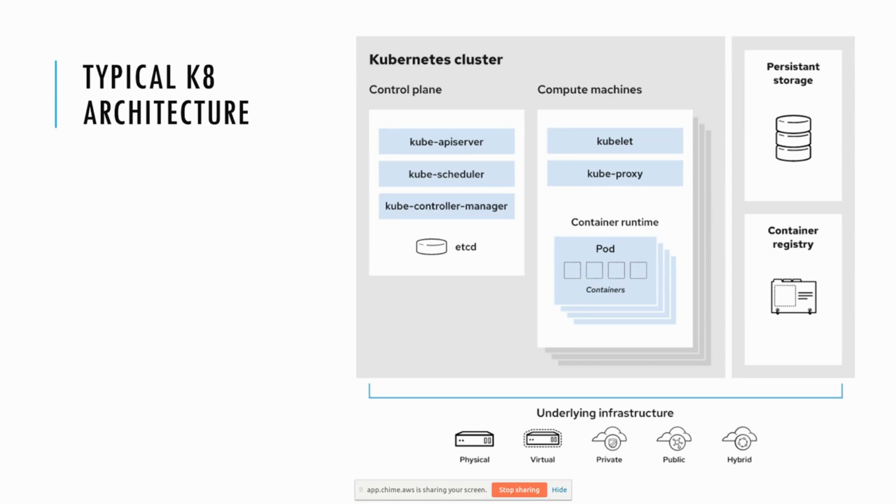So then in reference to the compute machines or your worker nodes, main components would be your kubelet and your kube proxy, which are highlighted over there right at the top. Your kubelet is the primary agent and it runs on each one of the worker nodes inside of your cluster. You've got your kube proxy. So this is a critical element inside the K8s cluster. It's responsible for maintaining the entire networking configuration.